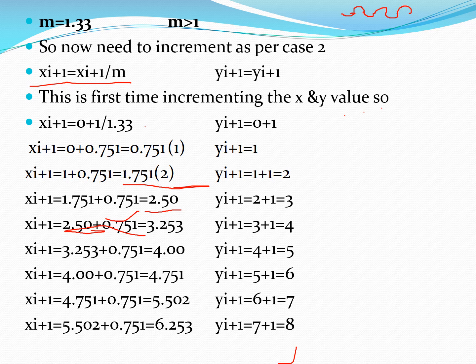Now here we got the value of x and y, that is 6.25 and 8. Here ignoring the 6.25, instead of this we take 6. We take 6 and 8. So now we need to stop. The algorithm has stopped processing. Why? Because we reached the end point value.